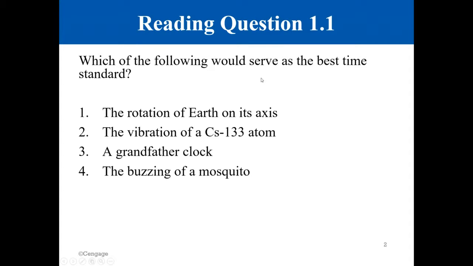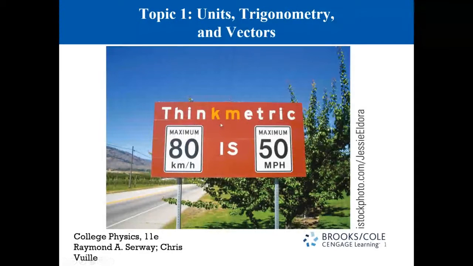Which of the following would serve as the best time standard? So when we talk about quantities in physics and measurements, we need to use units that are agreed upon by everyone in advance. When I say kilometer per hour, when I say 1 hour, everyone understands what I'm talking about.